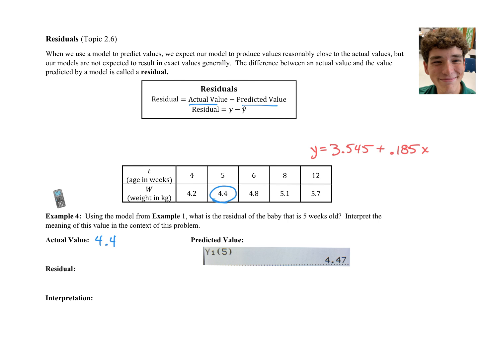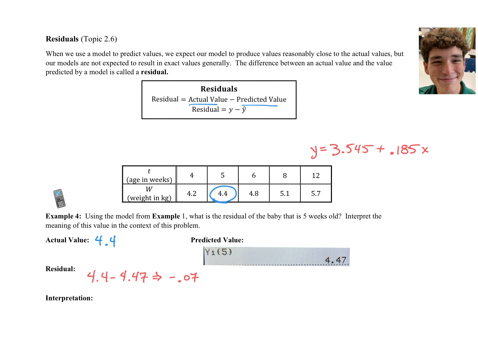How do we find our residual again? We do our actual value minus our predicted value. So we're going to do 4.4 minus 4.47, and that's equal to negative 0.07.